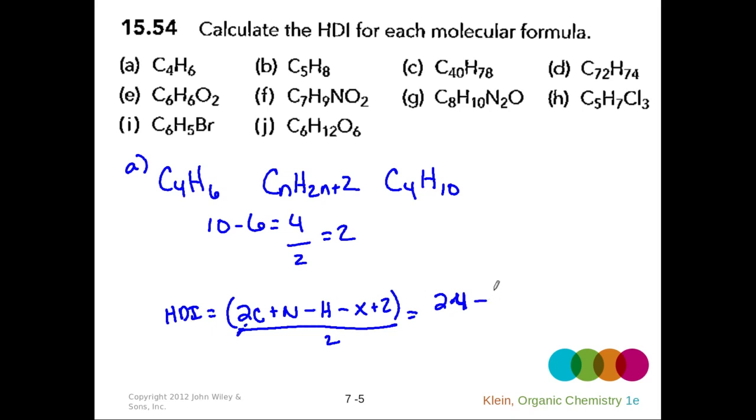Our HDI is given by the formula 2 times the number of carbons plus the number of nitrogens minus the number of hydrogens minus the number of halogens plus 2, and all of that is going to be divided by 2.